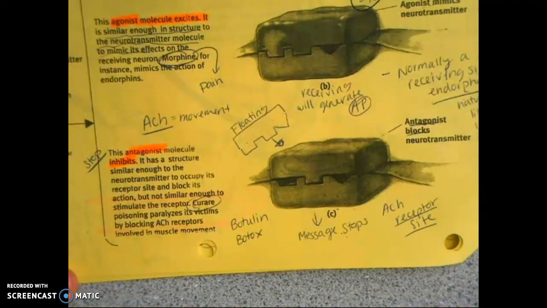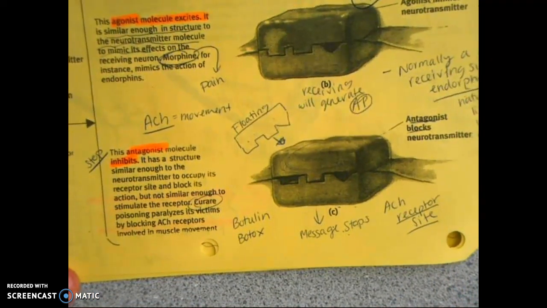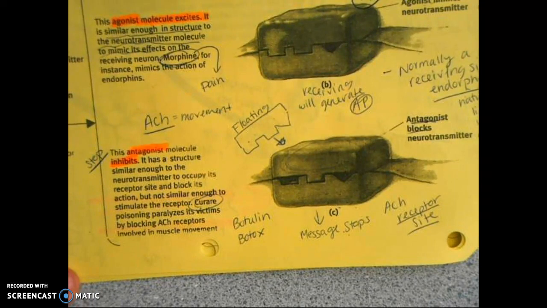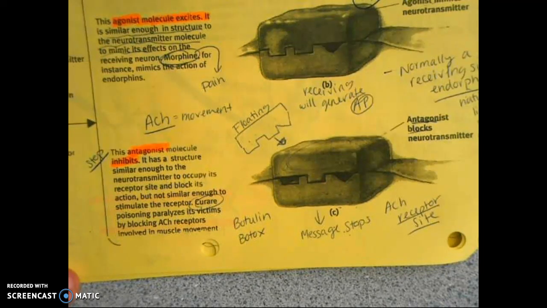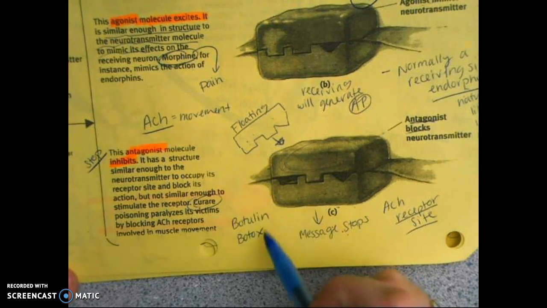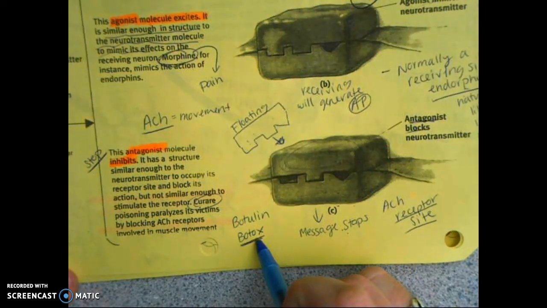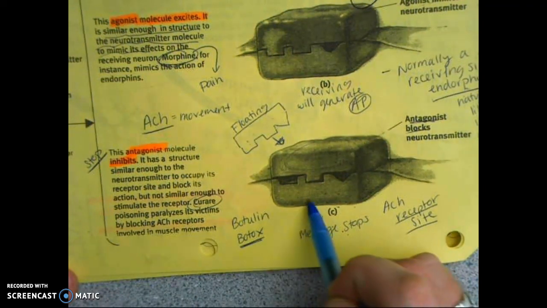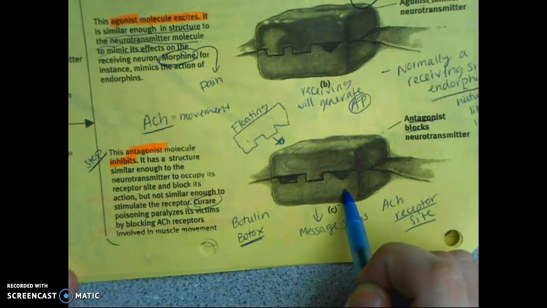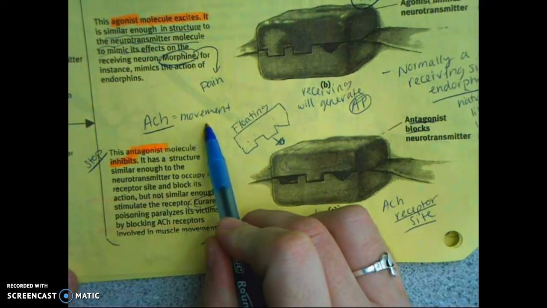So sometimes people get Botox injections in their face, and Botox injections are meant to make it so you don't show your wrinkles in your forehead. What that is doing is this chemical Botox is binding at receptor sites for ACH, and ACH is linked to movement.